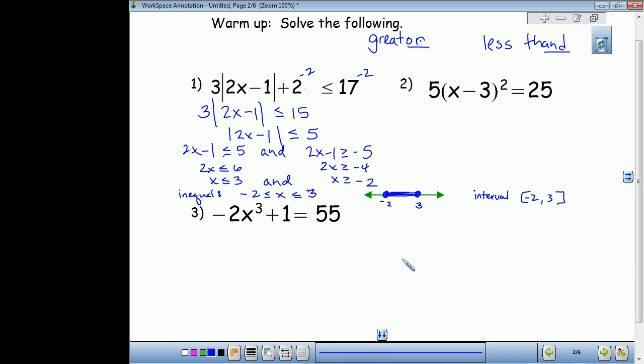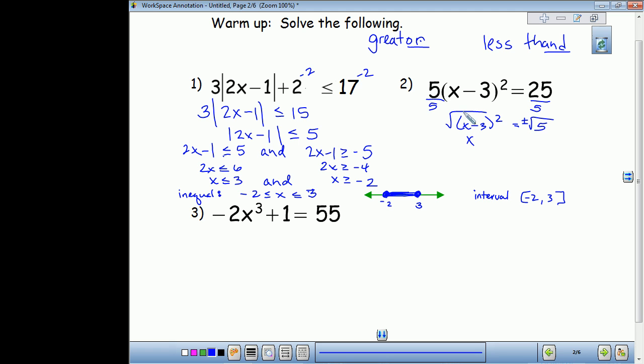Any questions about number 1? Cool. Alright, number 2, we divide by 5. And we get x minus 3 squared equals 5. Now what do we do? Take the square root. And when you take an even root, you always get a positive and negative. Now when we take an odd root, we do not. But when we take an even root, we get plus or minus.